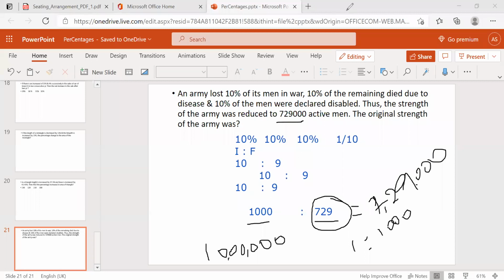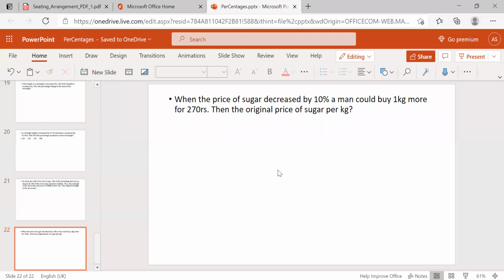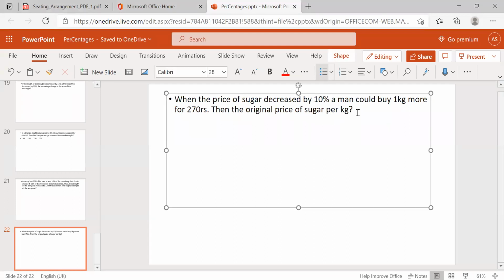And one more problem I will give you here. Coming to the next problem. When the price of sugar decreases by 10%, a man could buy 1 kg more for 270 rupees. Then they're asking the original price of sugar per kg. We already discussed these types of problems, increases and decreases. And I gave one formula also.